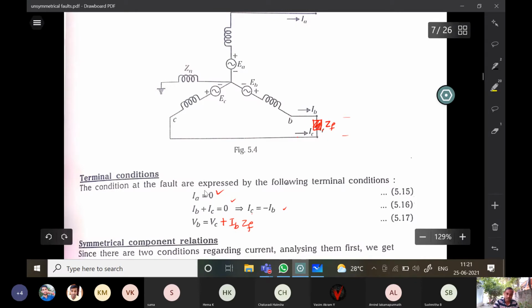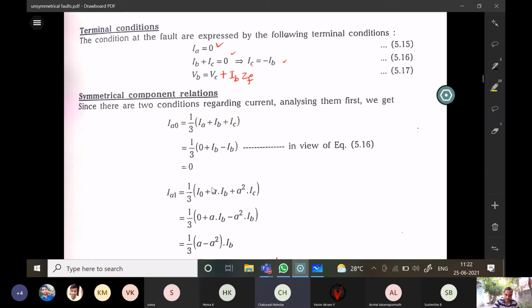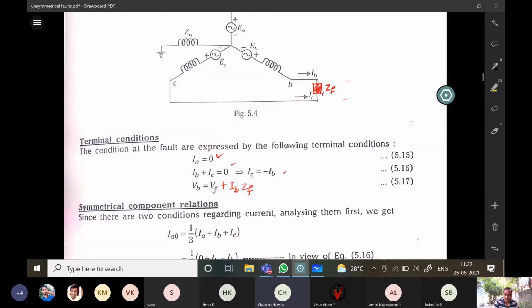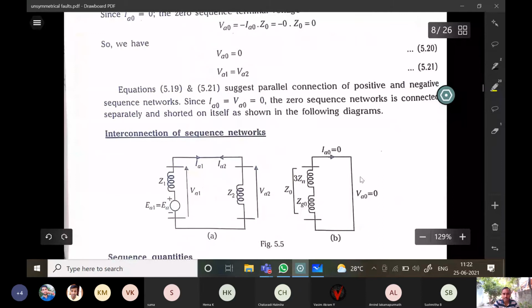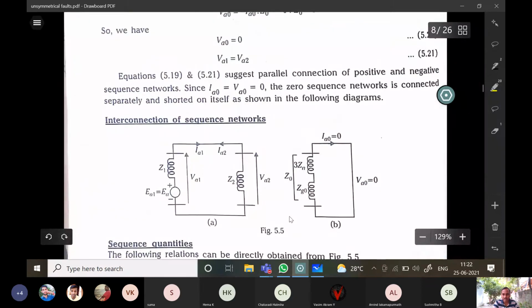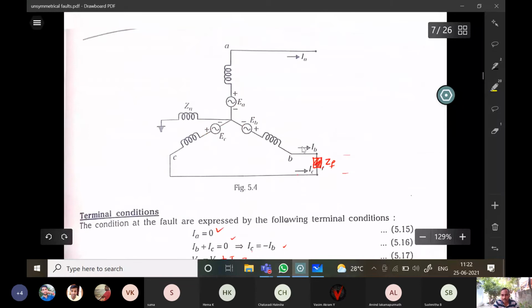Now symmetrical components. IF into ZF can be written. If we write it in a symmetrical component circuit in this case, then we will write IF. Before that, what is the current in terms of symmetrical components?